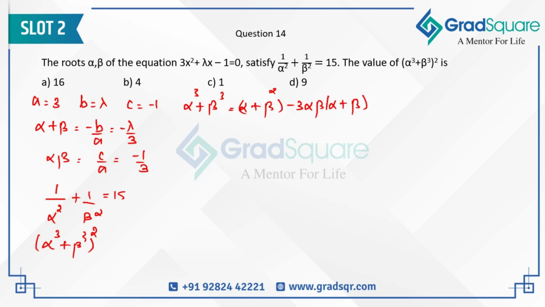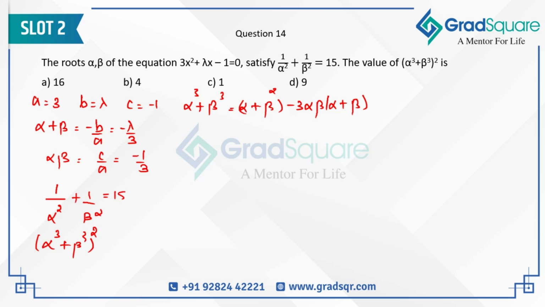So if I know the value of α + β, I can calculate the value of α³ + β³, because the αβ value is −1/3, but α + β has −λ. Lambda is there. I don't know the value of lambda.